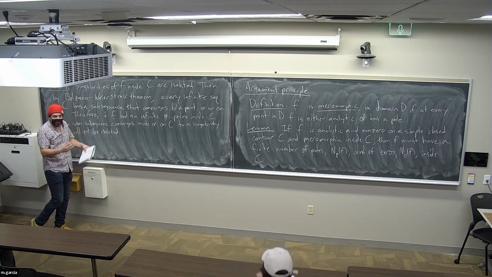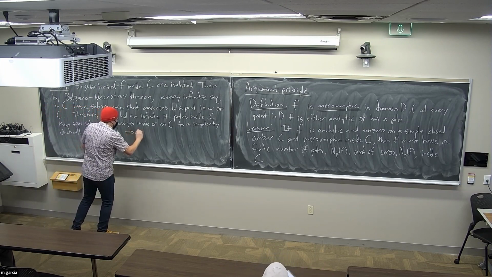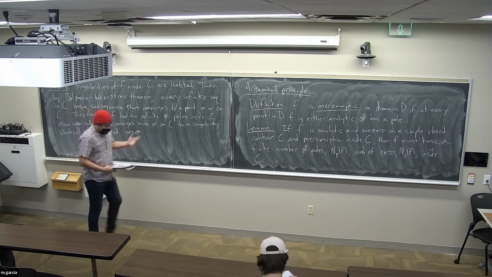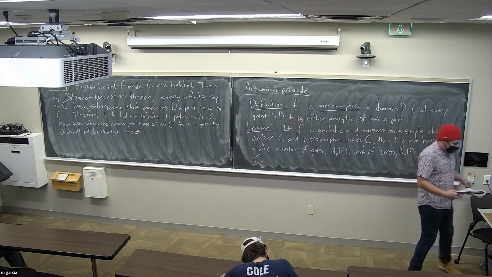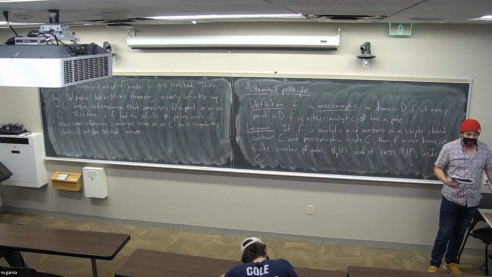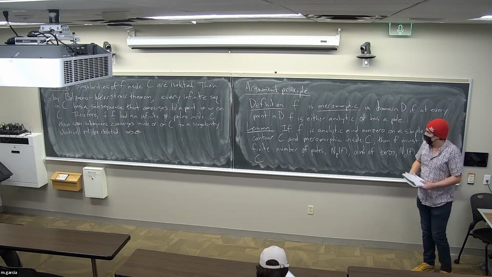So it can't be a pole. Contradiction. You can argue a similar but slightly more complicated argument for the zeros. It again relies on the Bolzano-Weierstrass theorem.